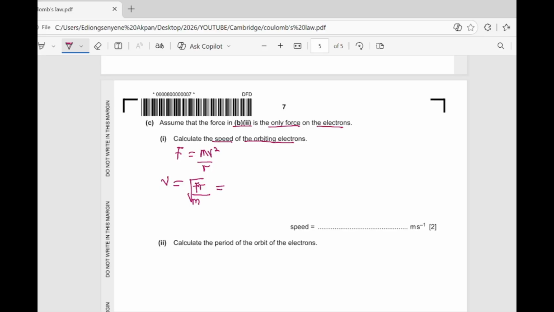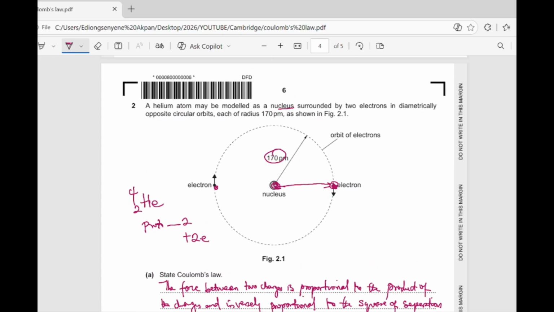This will now take us to the force that we calculated, 1.6 times 10 raised to the power of minus 8, times the distance that we are asked, that is 170 times 10 raised to the power of minus 12, divided by the mass of the electron.